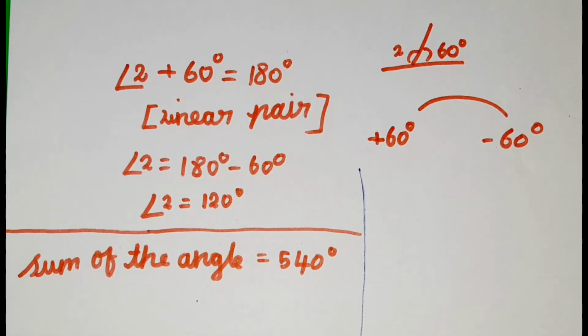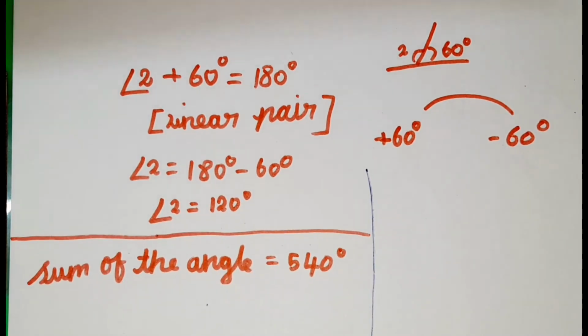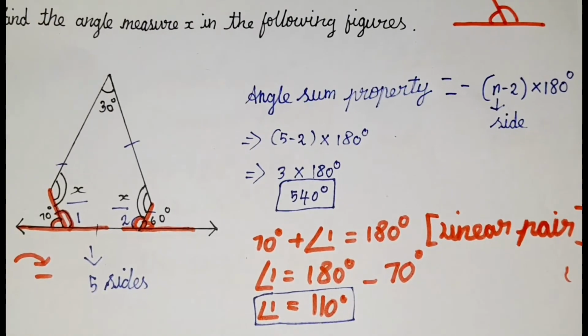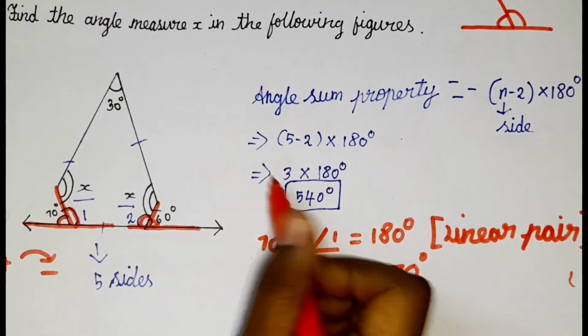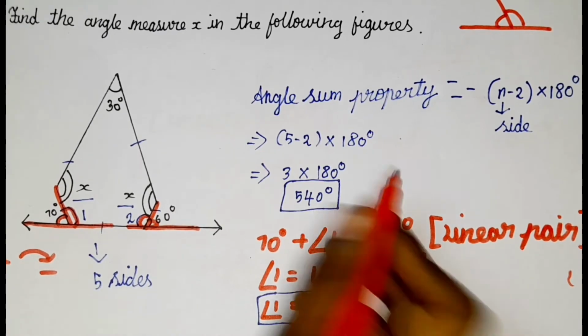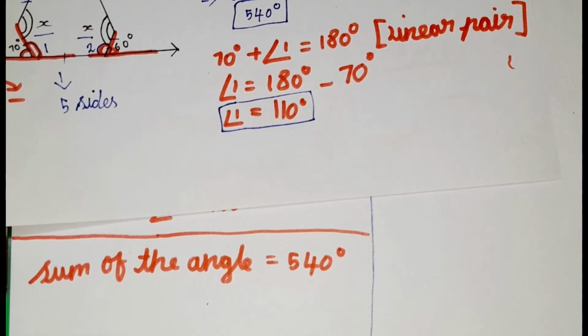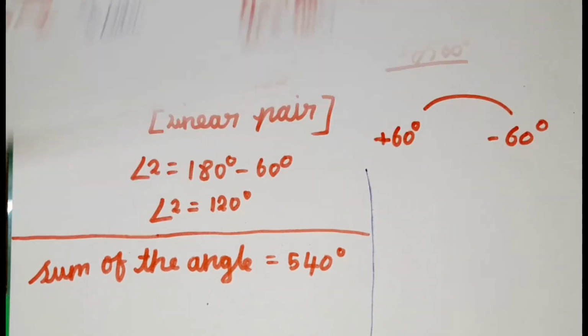Do you guys remember angle sum property? When we used that property, we got the answer 540 degree. Let me just show you guys. So here you guys can see we did that. We used the angle sum property. So our answer is 540 degree. That's why here I wrote 540 degree. Okay. So just don't get confused for this.